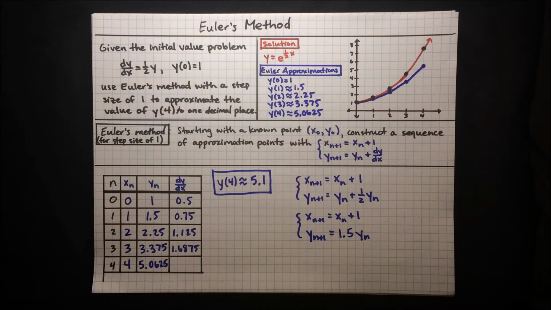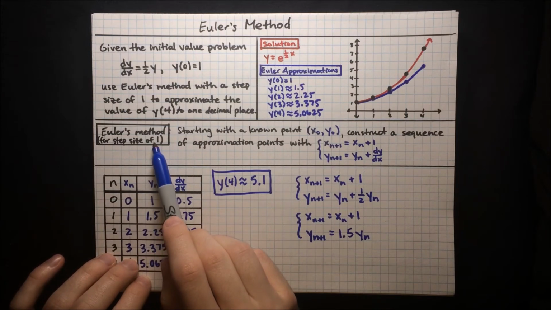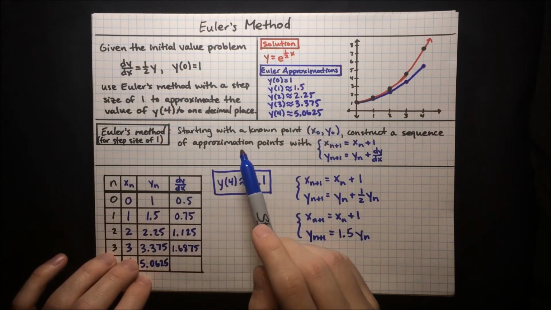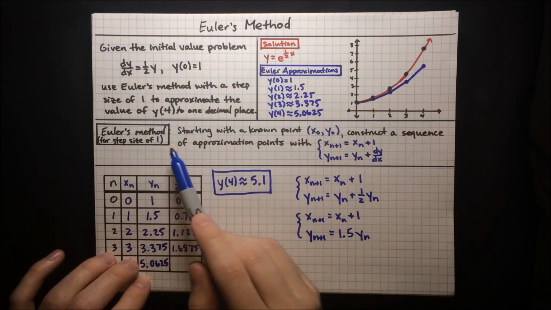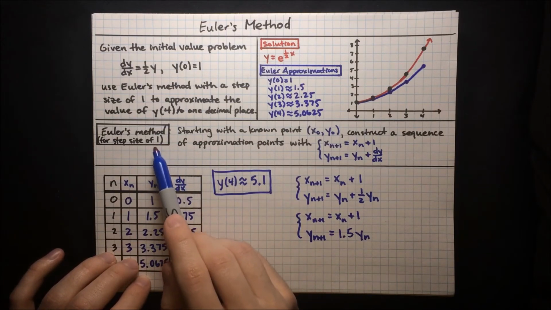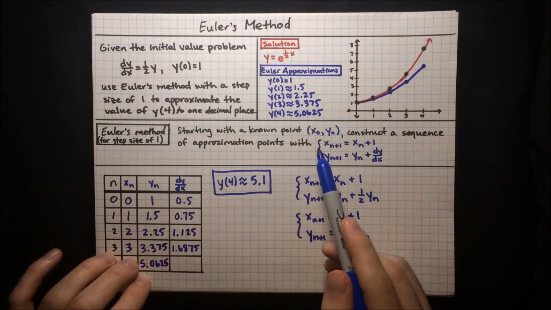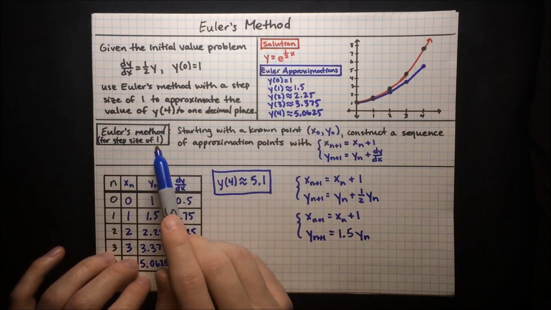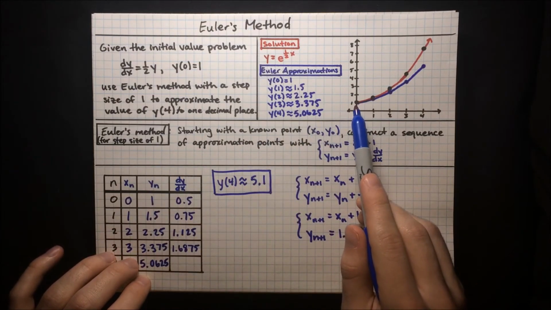One last thing to point out about this example is that we used a step size of 1, and in general that's pretty big when approximating differential equations. Usually step sizes are much smaller. Usually we put a step size into a computer and have it be really small and just have the computer do all the computations. The advantage of a small step size is that you get much more accurate approximations.